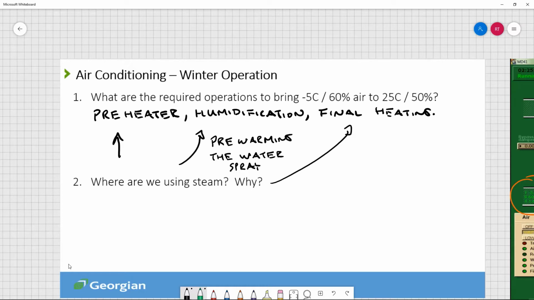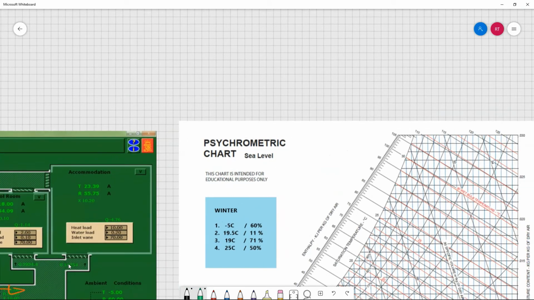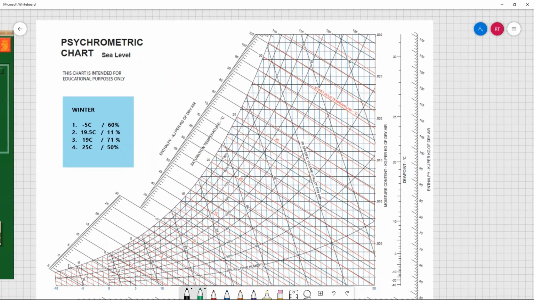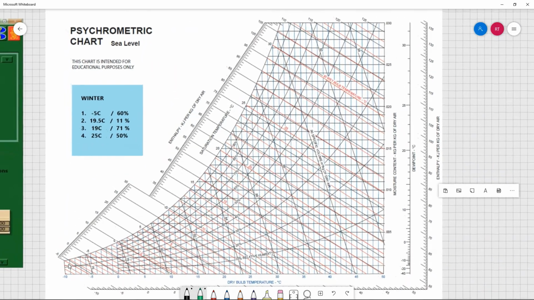And yes, we also need it for final heating. So steam's pretty critical for our processes here. Okay, so we've got a few different processes. What we're going to do next is plot them on our psychrometric chart.